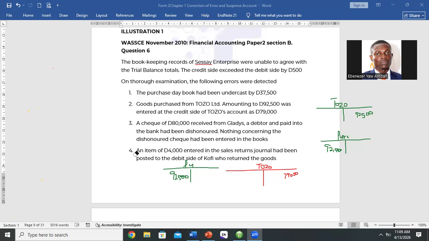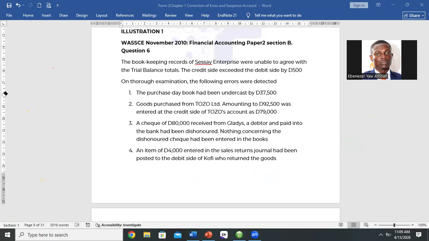So you see, dishonored check, how does it happen? First, you receive a check from your customer, right? If you receive a check from your customer, you credit the customer and you debit your bank, because you have received a check. Let me be fast, the time is almost up.